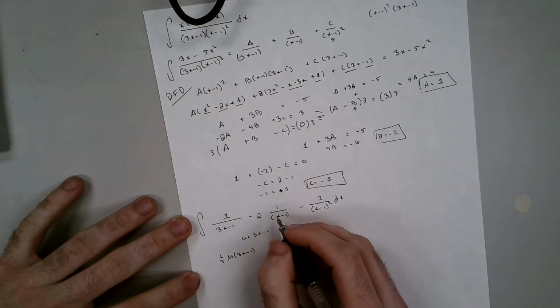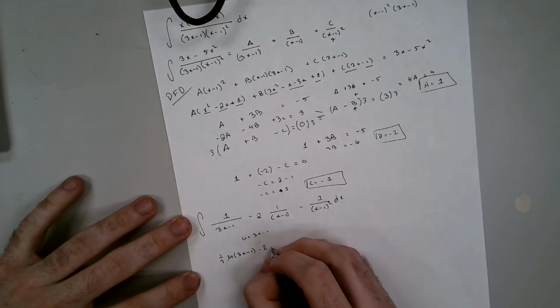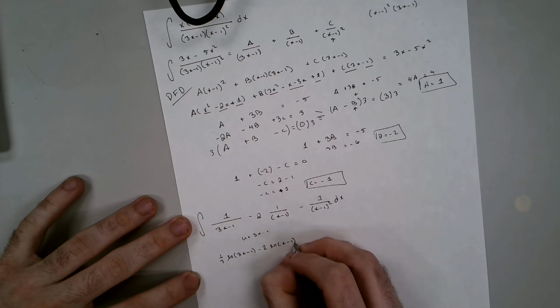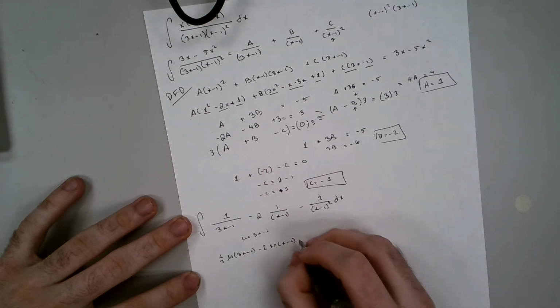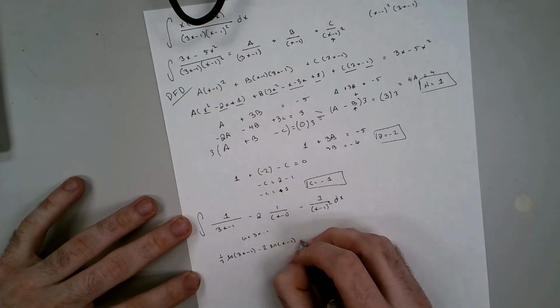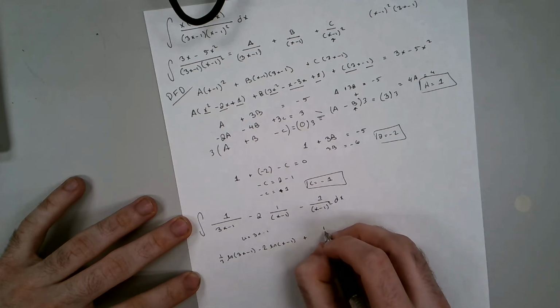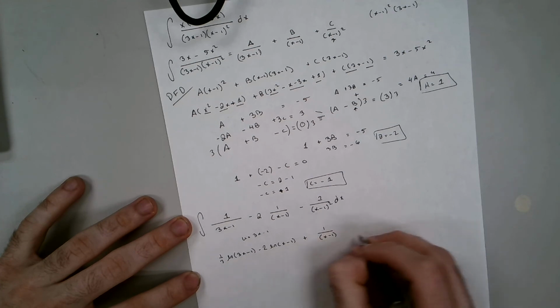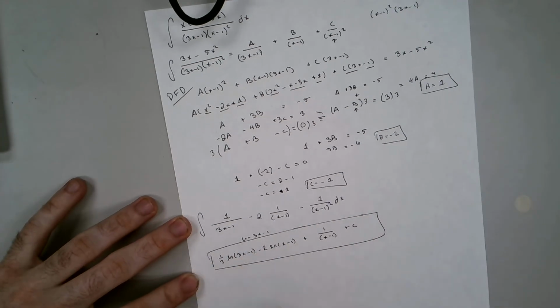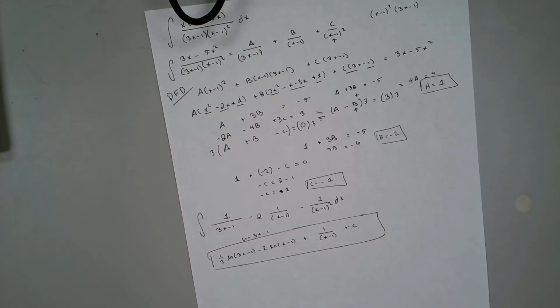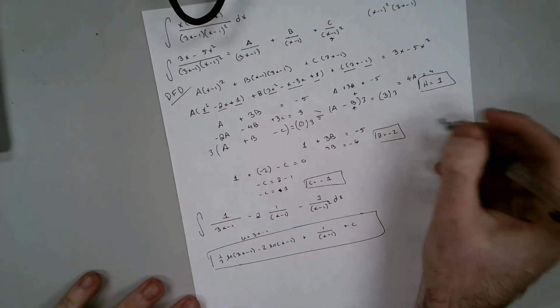Our B term, we're going to have a minus 2 ln of x minus 1. And for this one, we're going to have to use a u, but we're going to get a u on top, so it's going to be plus 1 over x minus 1, plus our constant. And so that should be the final solution. Again, the hard part was just finding our A, B, and C.